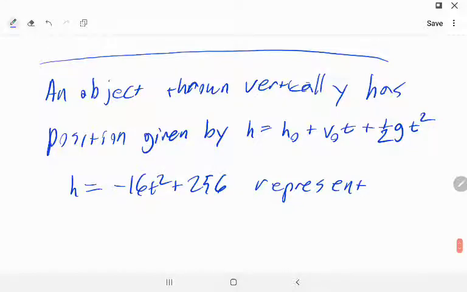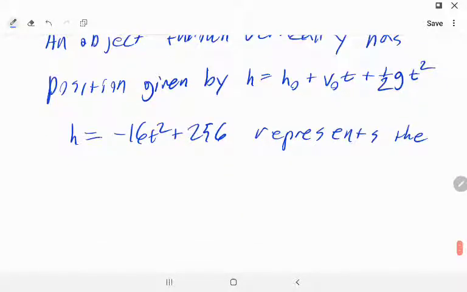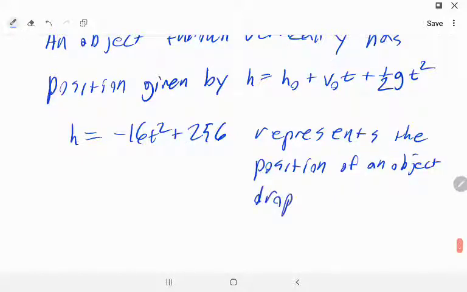This represents the position of an object dropped off of a 256-foot cliff.